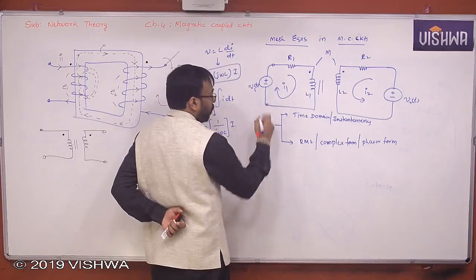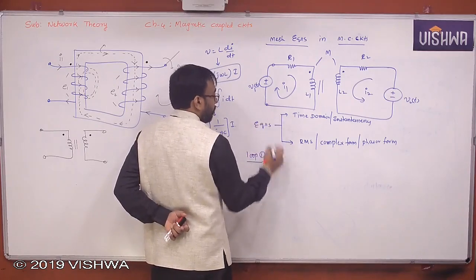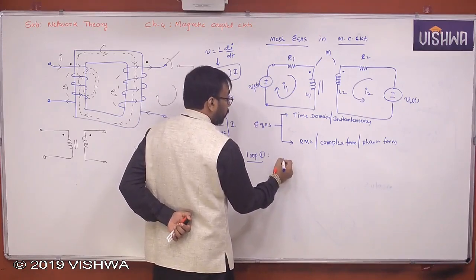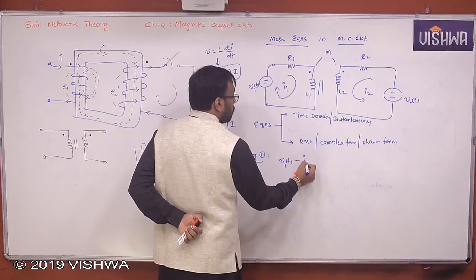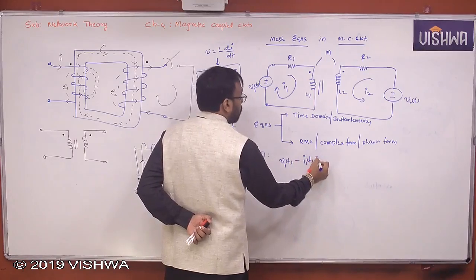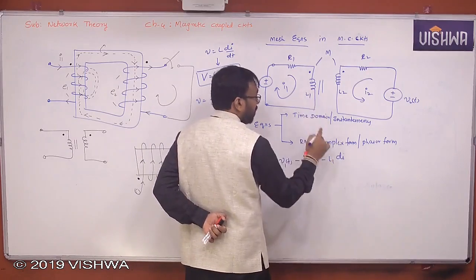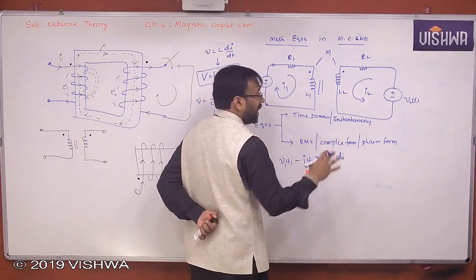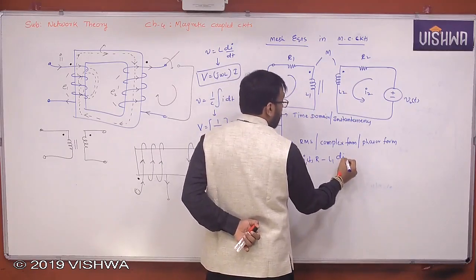So in time domain, when you write loop 1, V1 of t minus I1 of t into R minus L1 di1 by dt. Yes, self-induced EMF, there is no need to look at any other dots. Directly you can write minus L1 di1 by dt.